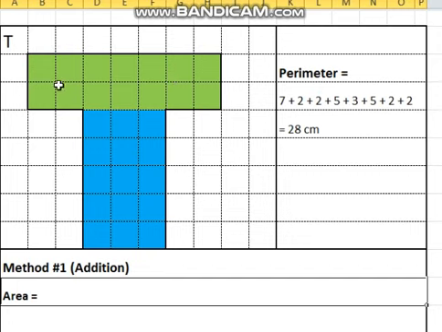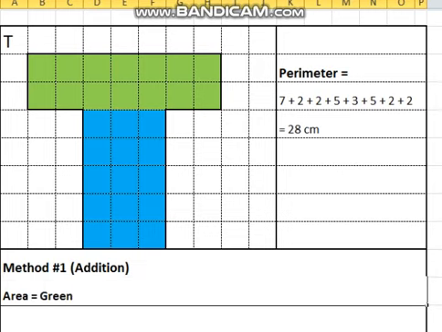This one, the addition, right? You see, this T composite figure is made of two shapes. One is the green rectangle here, and then this blue shape here is also a rectangle. So how to do the area? When we do it by addition, the area is the area of the green plus the area of the blue.